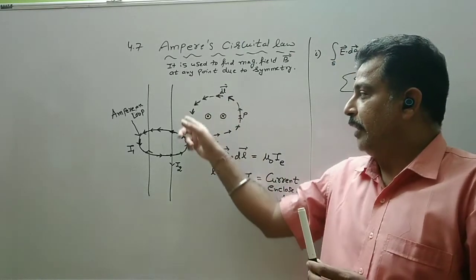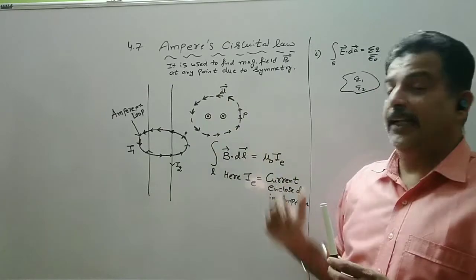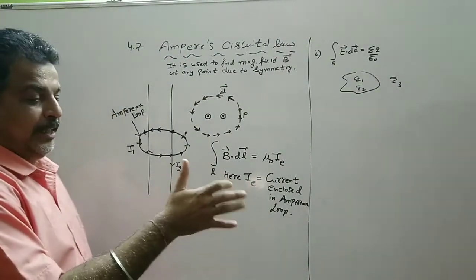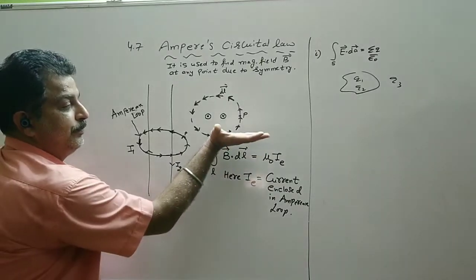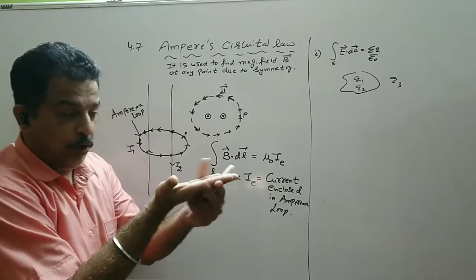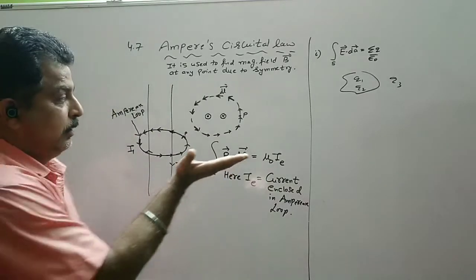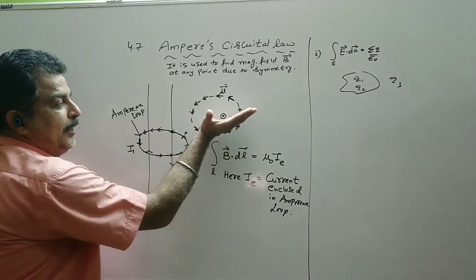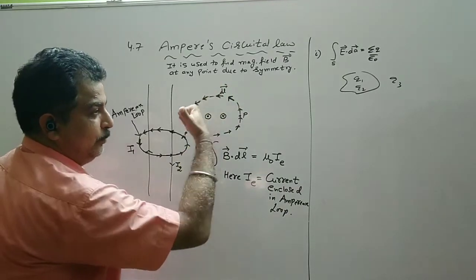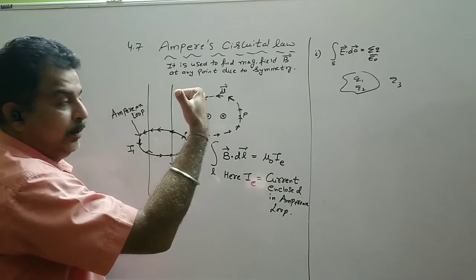So here I have taken the line element in an anti-clockwise direction. So I will take a line integration. I will curl my fingers in the direction of the line element. So my thumb is pointing outward.